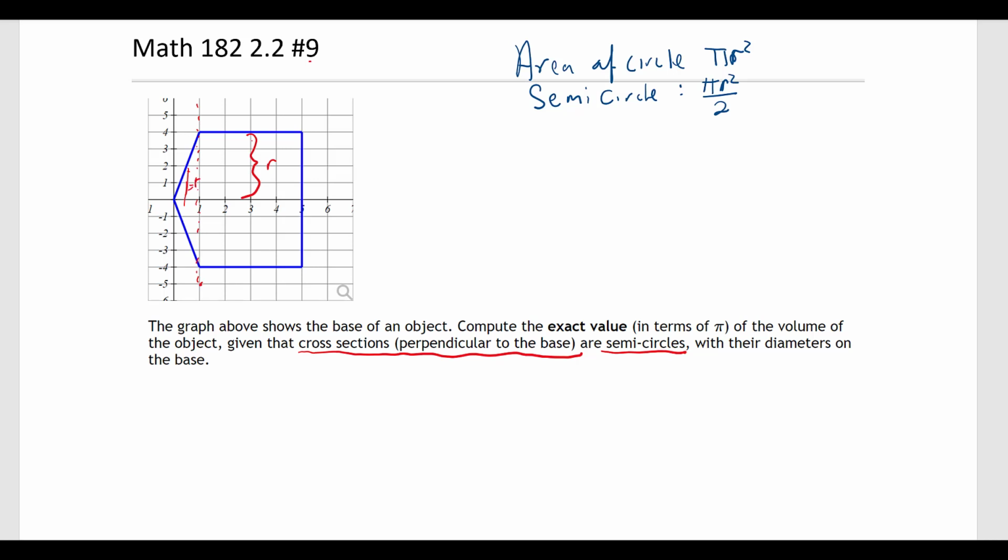But the radius of this big block, this bigger part that goes from 1 to 5, is a constant radius. And if you notice, how far is that? That is going to be 0 to 4, so it's 4. So here's our center, our axis of rotation, and then we have radius equals 4.